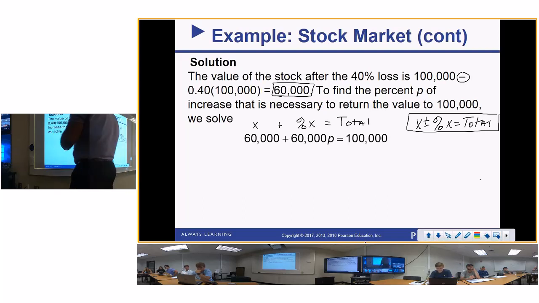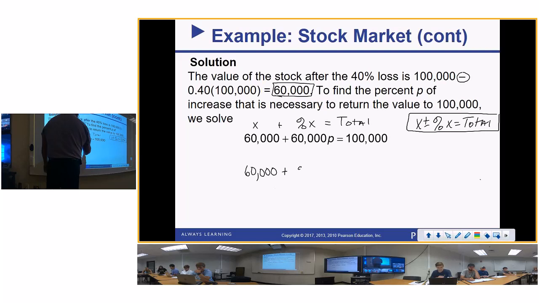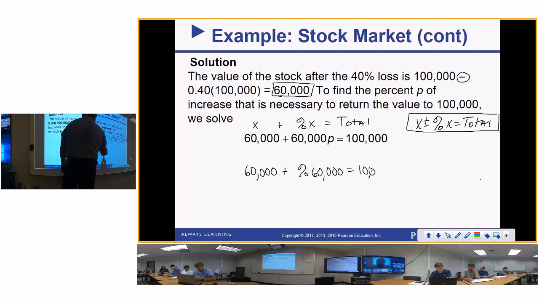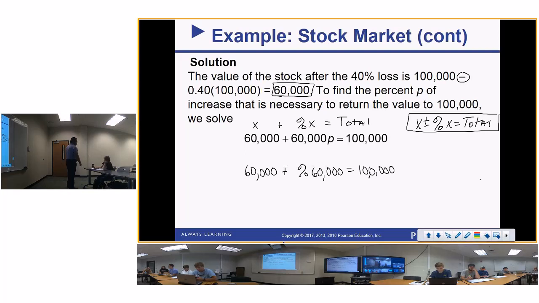So I got to do 60,000 is what we're starting with, because 60,000 is what it dropped to, plus percentage times 60,000, and I want to get back to 100,000. Okay, solve it, because you're basically going to put in an X for the percent. Okay, just put in the X and solve it.